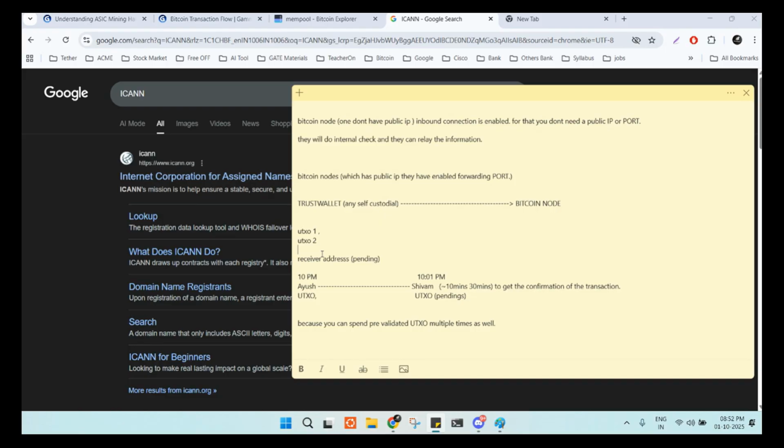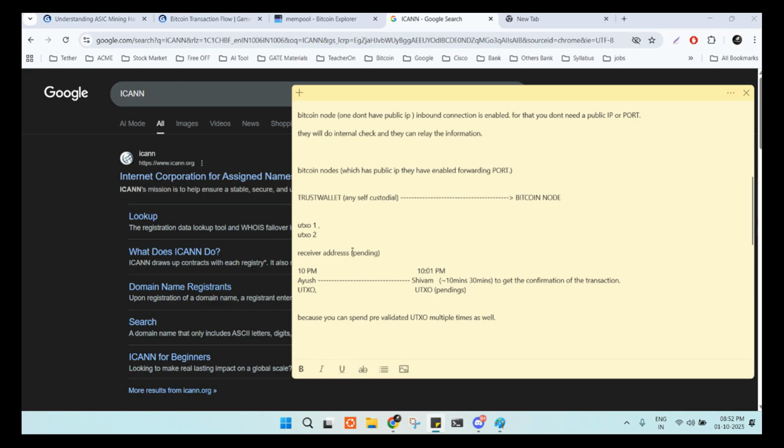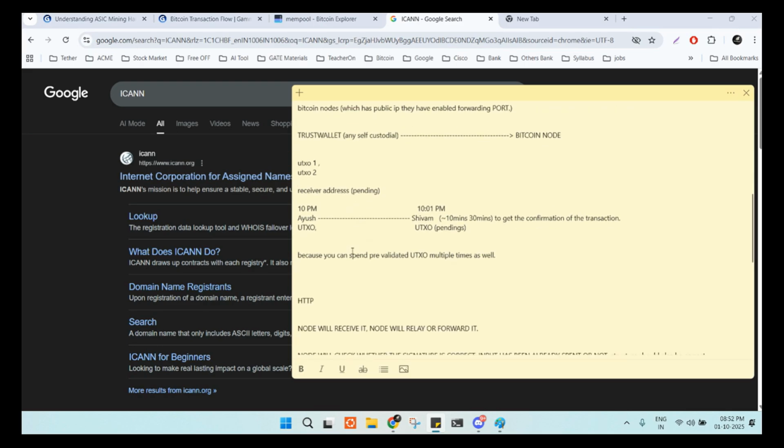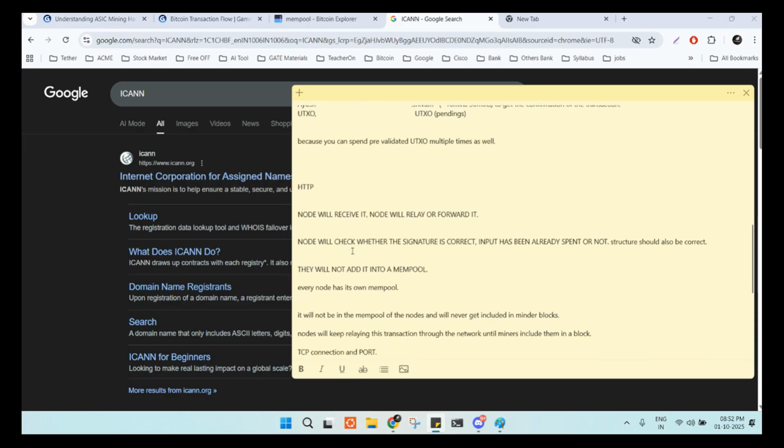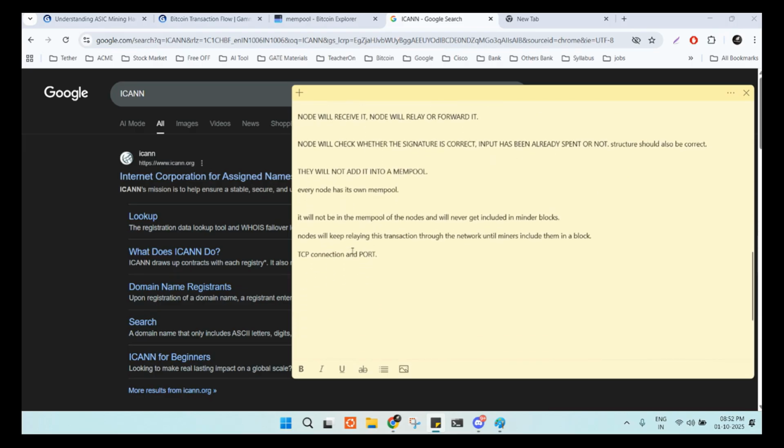Memory pool means all the transactions which are broadcasted into the network. The miner takes those transactions and tries to include them in the next block, that is called mining. Once that block is confirmed and my transaction is in the block, it is called a confirmed transaction. That is the confirmation of the transaction which I have sent.